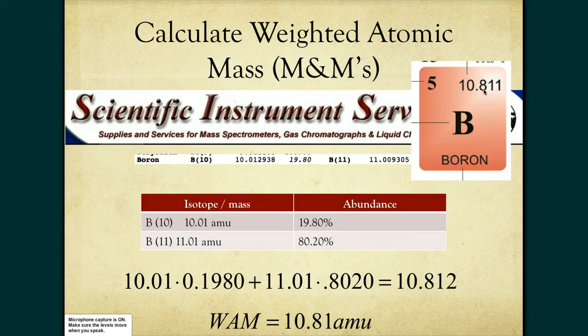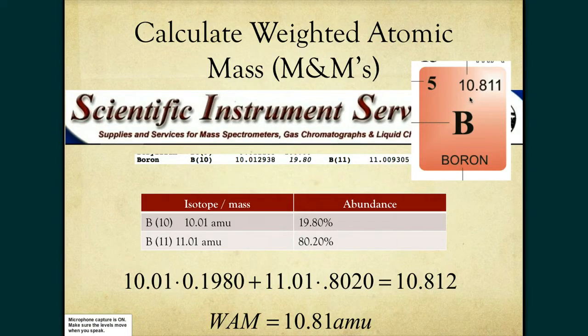It's 10.811, and the reason why I got 10.812 is because I under-rounded it here, but over-rounded it over there, because I said 11.01, where this is actually 11.009.